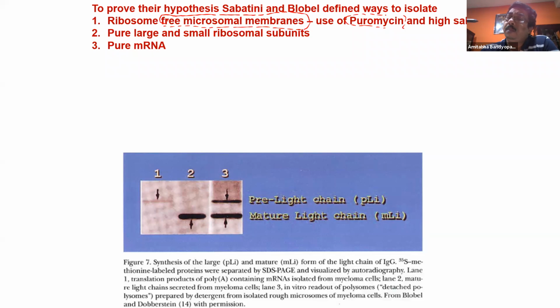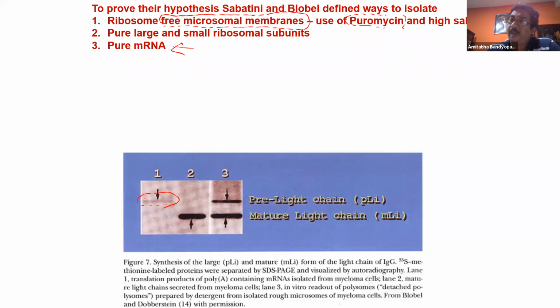All the machinery needed for protein synthesis, what we used to call translation extract, you add it, and then the radioactive protein that will be made will be directed by this mRNA. And because you have labeled methionine, it will be radioactive. If you do that, you get this product, which is called the pre-light chain. Now we know that it is the pre-light chain that is slightly bigger in size.